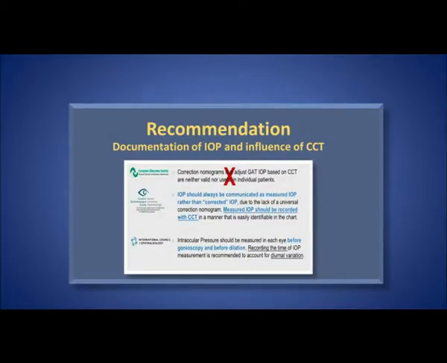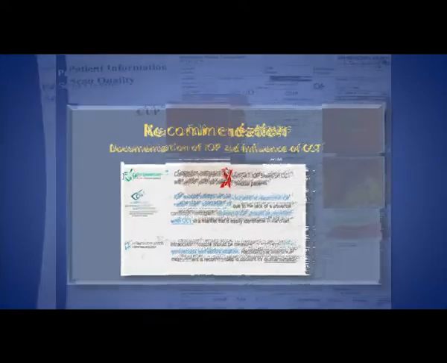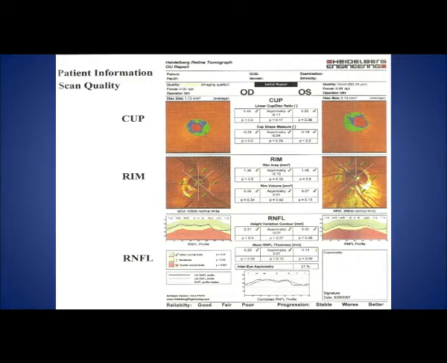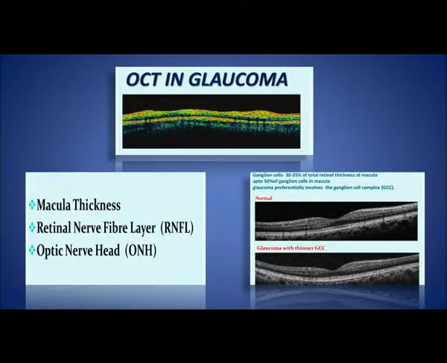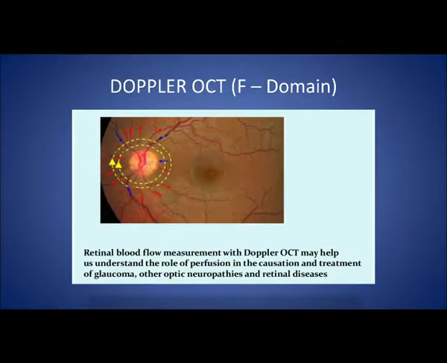We should do all the evaluation: measurements of the central corneal thickness, which influences the IOP, and evaluating the optic nerve and nerve fiber layer with imaging devices like HRT, OCT, also perimetry, white on white, or perhaps blue on yellow. Doppler OCT may help us understand the role of perfusion in the causation and treatment of glaucoma.